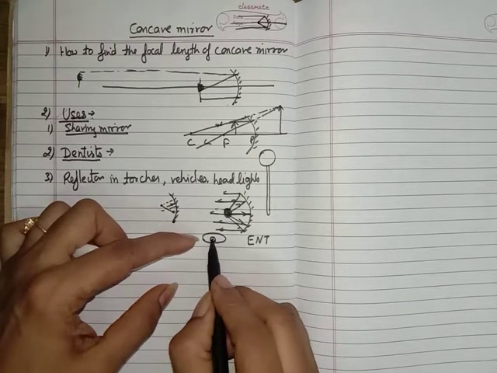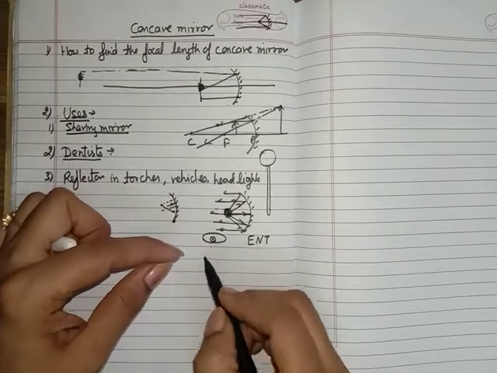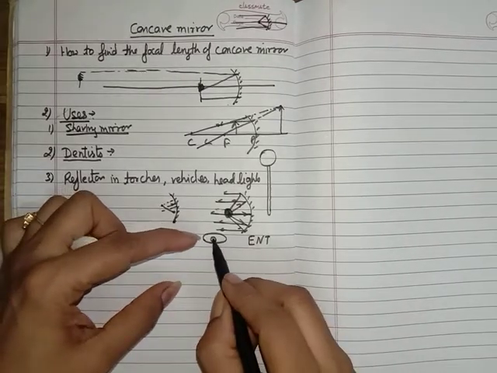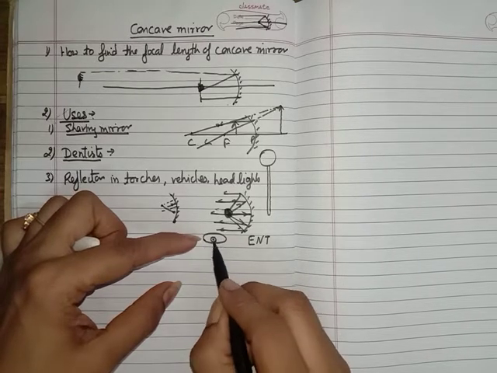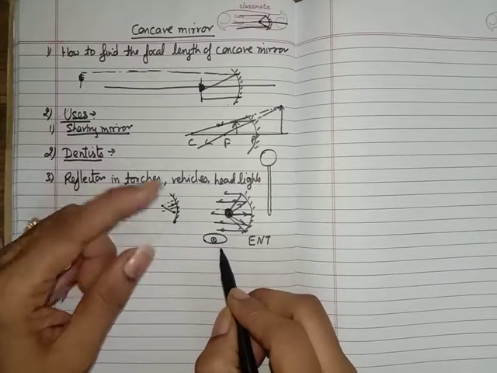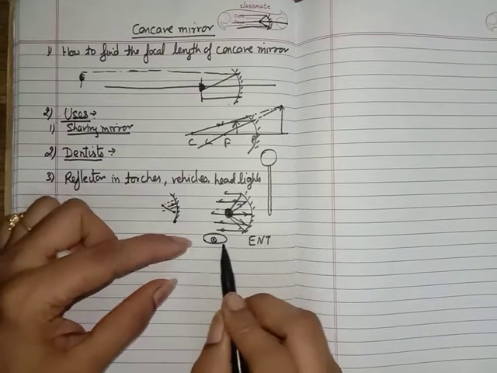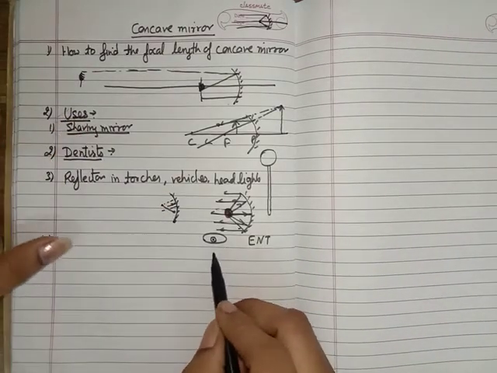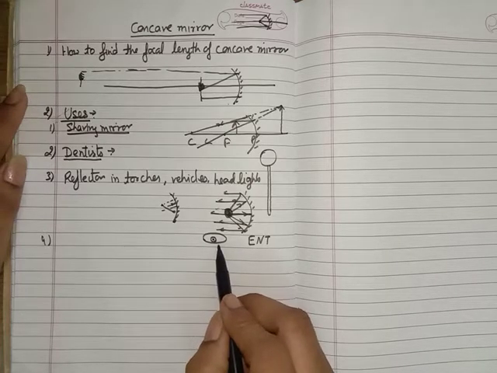This light is focused on your ear or any part which your doctor wants to see. The doctor uses this headlight to see a clear image of your ear or your throat or anything else. It means a doctor uses the head mirror to focus the light coming from the lamp.